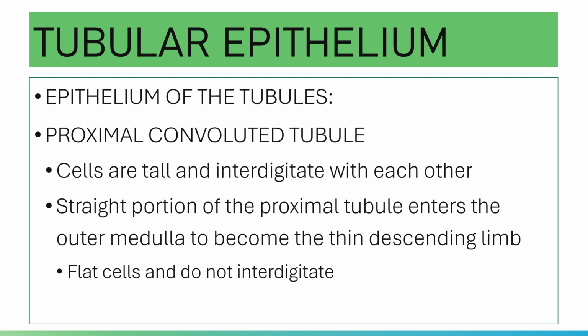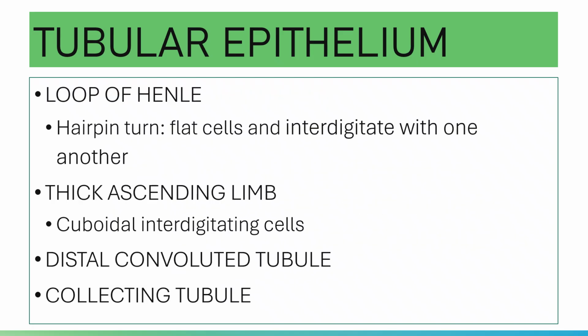Okay? In the loop of Henle, please note that in your thin descending limb, there is no interdigitation. But at the hairpin turn of the loop of Henle, it is still made of flat or squamous epithelial cells, and in this area interdigitation is evident.